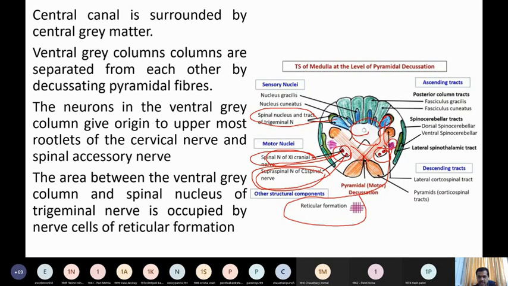Clear? So the area between the spinal nucleus of the trigeminal nerve and the anterior gray horn is occupied by reticular formation in the lateral region.